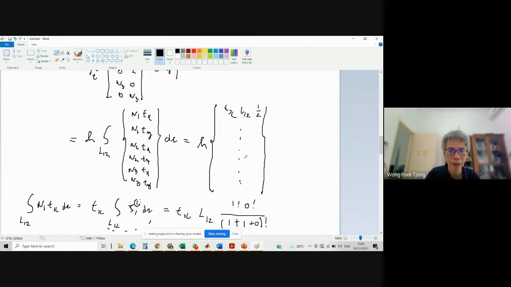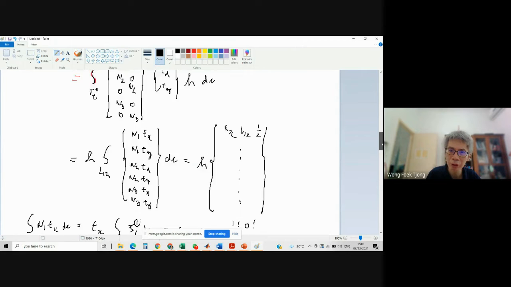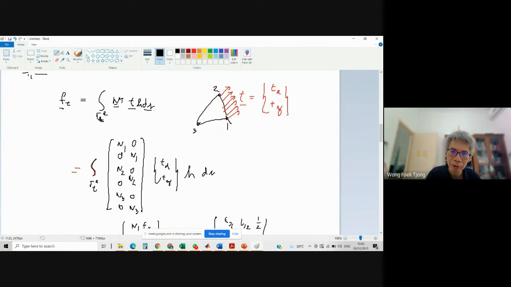Oh, one thing. How about N3? What's N3 for this side? The shape function, because this side is the line where coordinate C3 is 0, right? Along this side, C3 is 0.